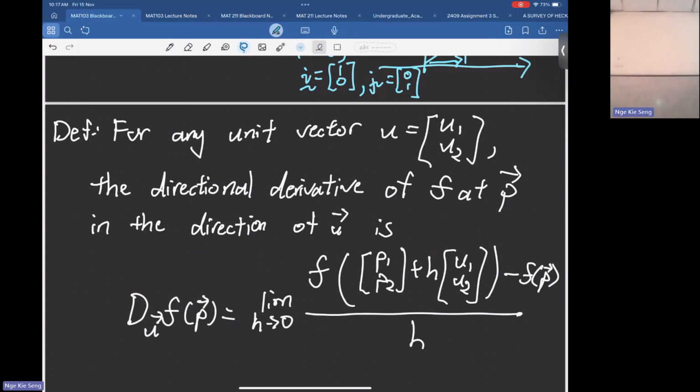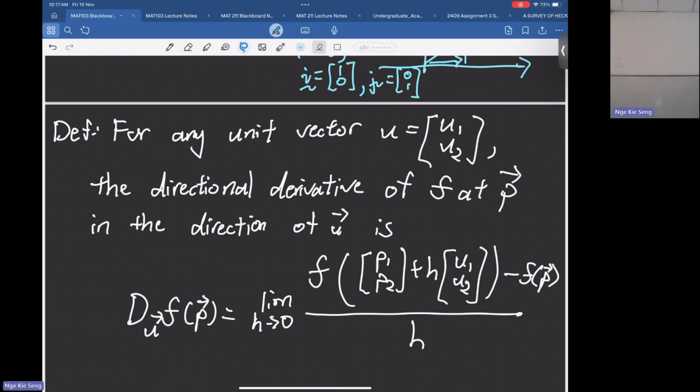Okay, so let's test you. If my direction is x, what's this (u1, u2)? Huh? (1, 0). So if my direction is y, what's my (u1, u2)? (0, 1). So this directional derivative includes the partial derivatives we learned before. Okay, so this is more general.